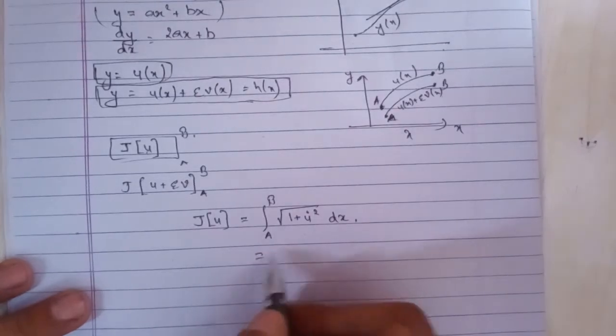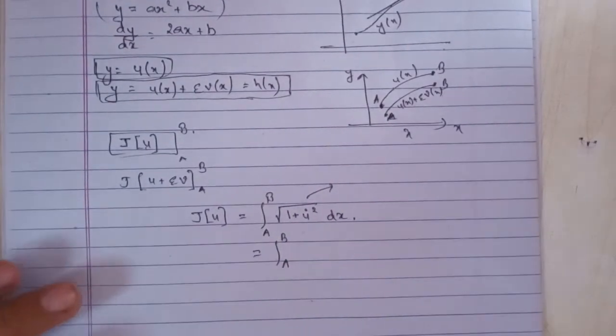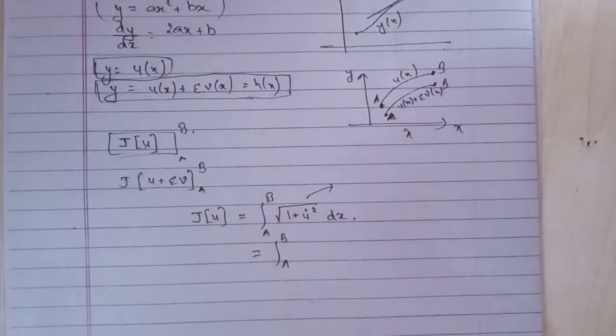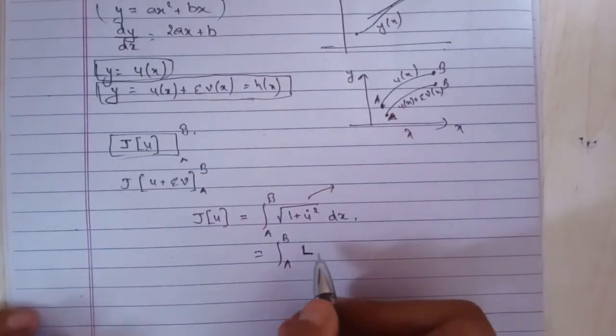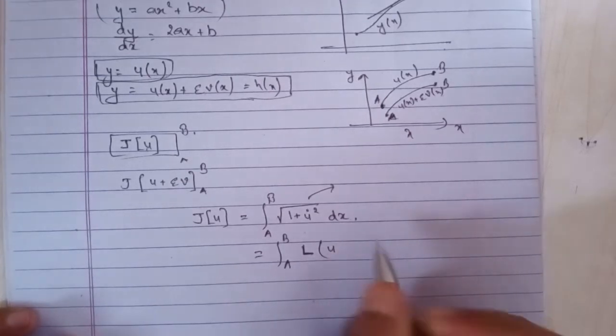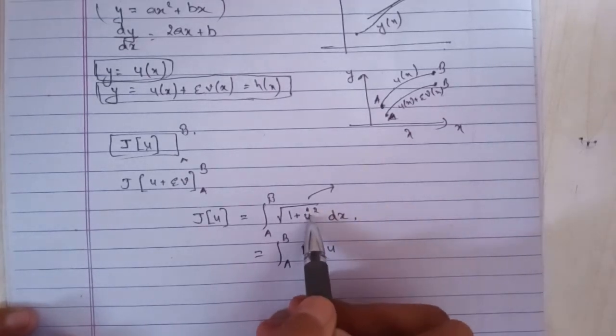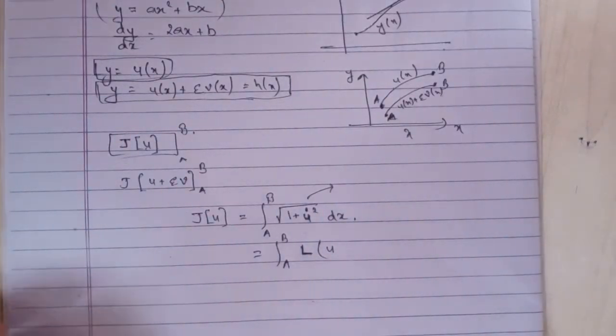We will consider this function and generalize it beyond the arc length only. It can take any values, which we will consider to be L, the Lagrangian. It's just defined right now. It is a function of u dot in this specific case, but in other cases, it might be a function of u dot and x.